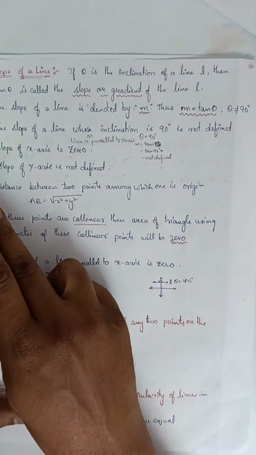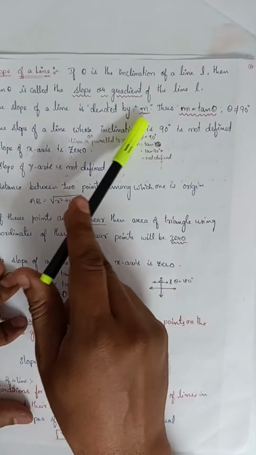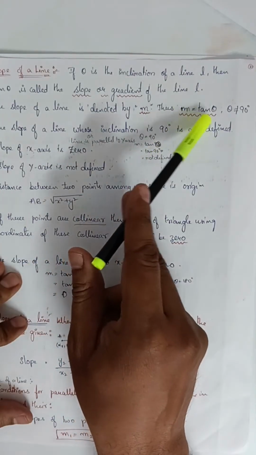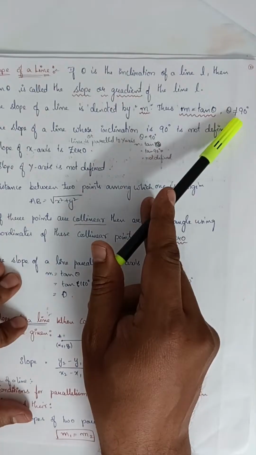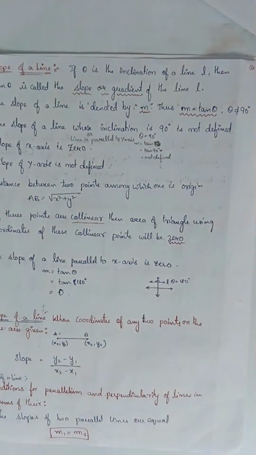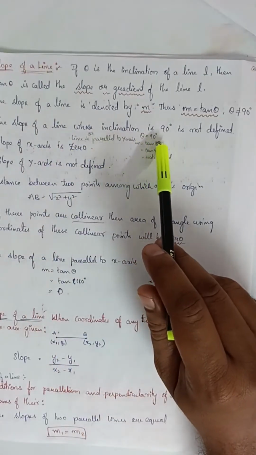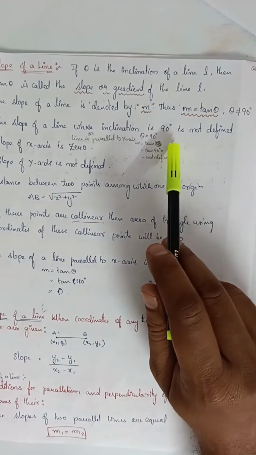Then the slope of a line is denoted by small m, thus m equals tan theta, and theta should not be equal to 90 degrees. The slope of a line whose inclination is 90 is not defined.